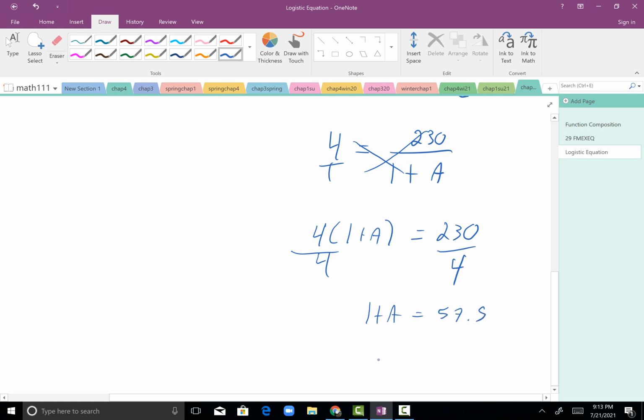But now I know what A is, so I can go back to my fruit fly population equation. I'm going to use F for fruit flies. 230 over 1 plus 56.5 e to the negative B t.